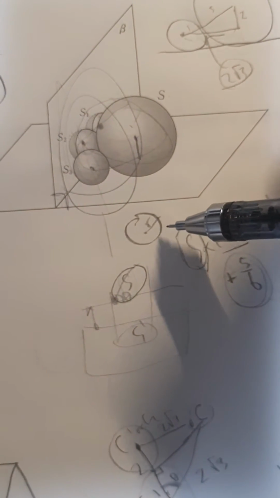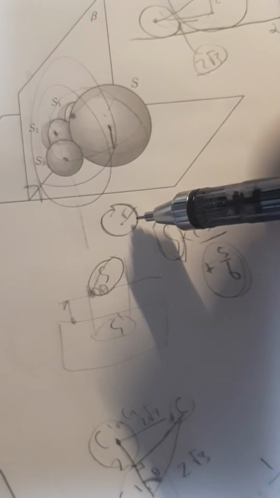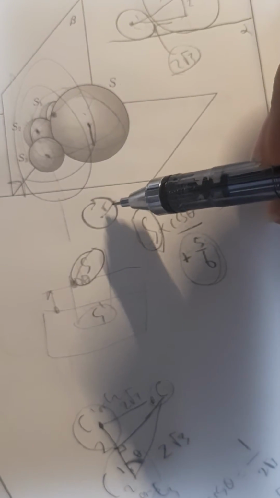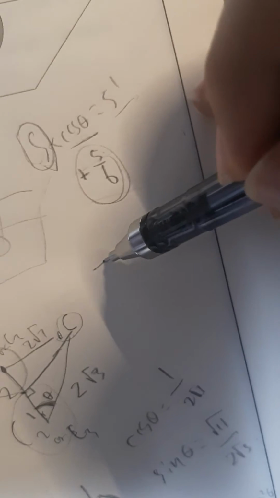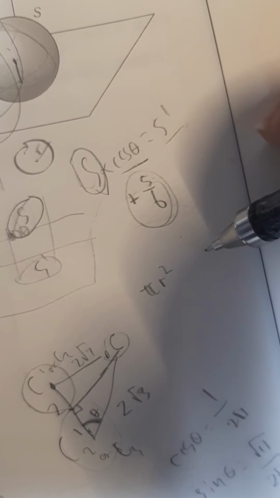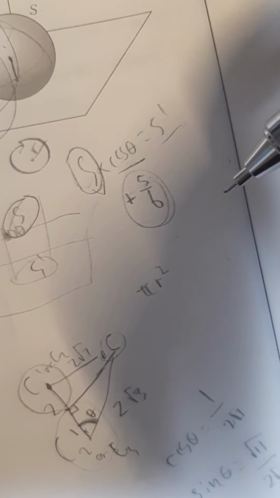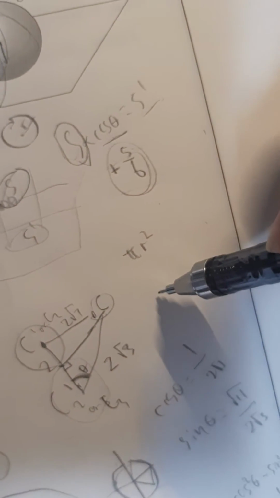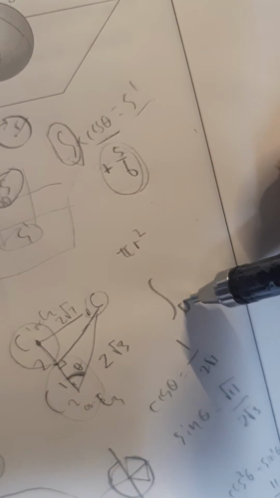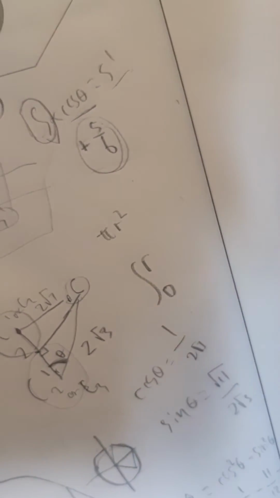So what is the surface area of a circle that has a radius of r? It's pi r squared. You can get this through, oh well, it's boring, but I'll just write it just in case. So you go from 0 to r, you get the surface area, I guess.